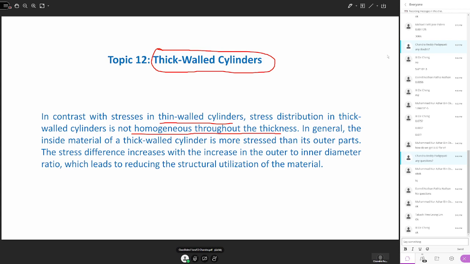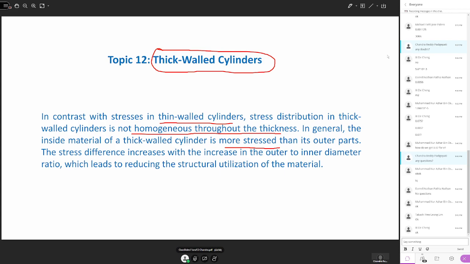In general, the inside material of a thick wall cylinder is more stressed than its outer parts. In thin wall cylinders the stresses are uniform, but in thick wall cylinders the stress inside is much more than the stress on the outer part.